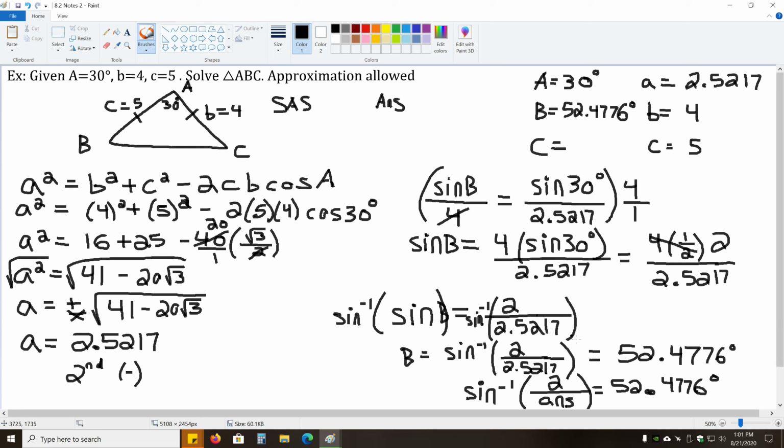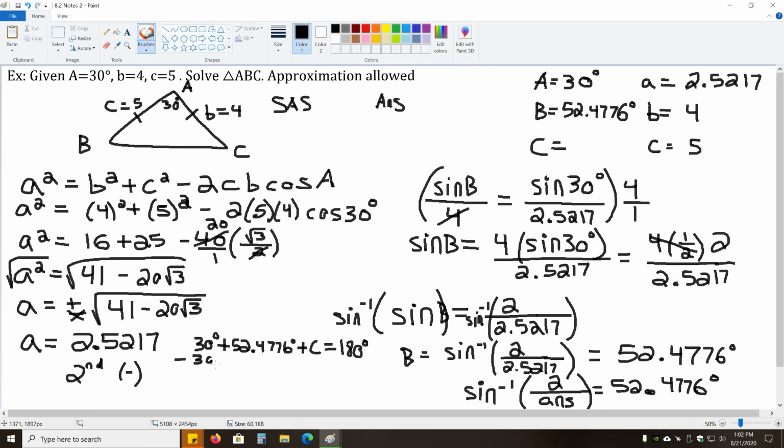So now that we have that, we can solve for angle C. And nicely enough, we don't have to go through any of this. Now that we have our two angles, we can find the third by just saying A, which is 30 degrees, plus B, which is 52.4776 degrees, plus C equals 180 degrees. I apologize if this is getting a bit messy, I just ran out of room.